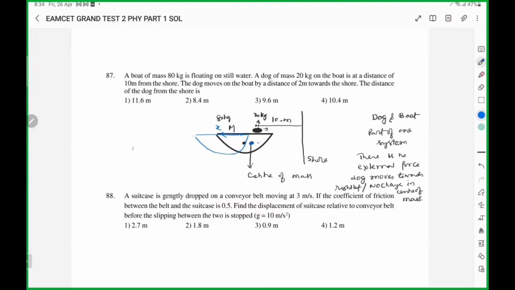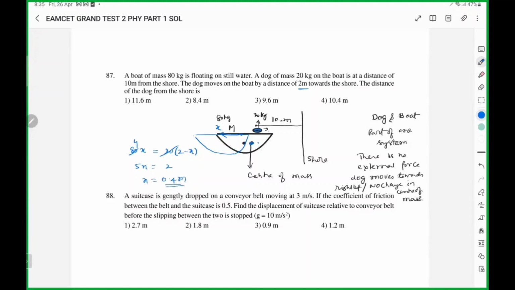Once the boat moves towards the left by x units, the dog actually moves 2 meters. Relatively, the dog moves 2 minus x meters. So 5x equals 2, x is 0.4 meters.